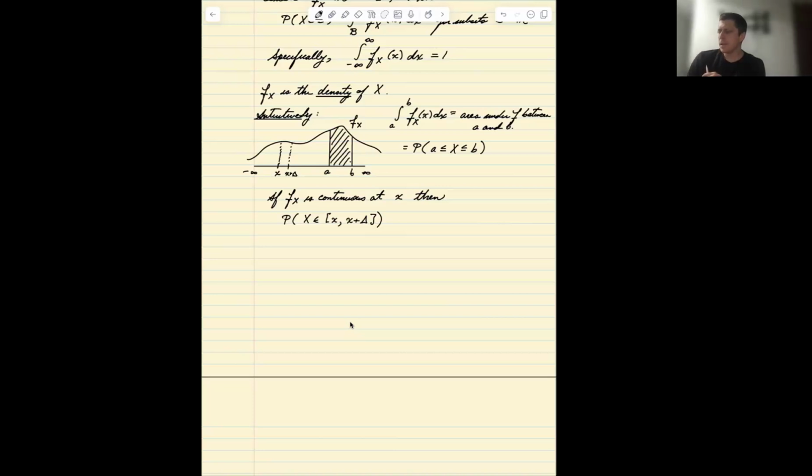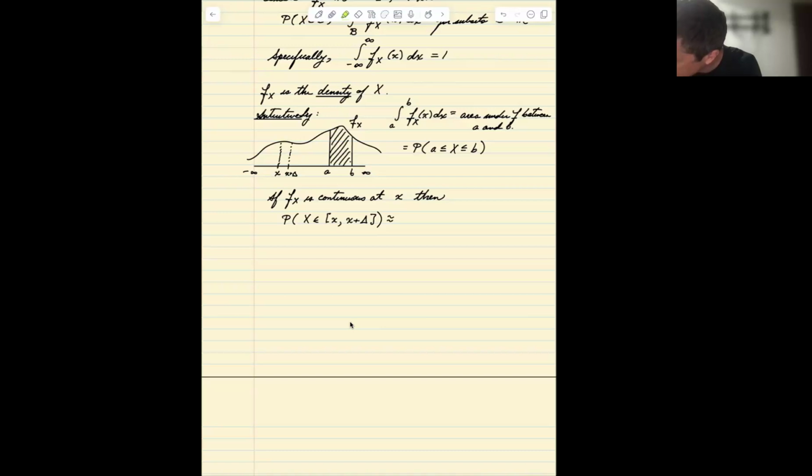Well, what is that probability? Technically it's the integral, but it's approximately... one way to think about it is, look at this here. Let me try to highlight this.